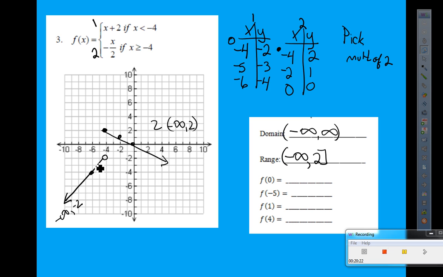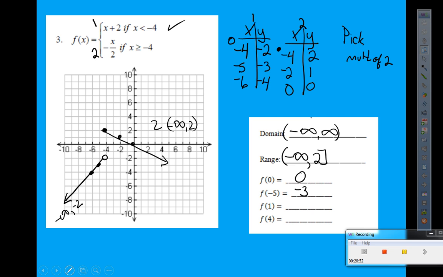You can say, but Mr. Harris, we didn't talk about this one. True, because this line covers this line. When I find f of 0, 0 is greater than negative 4, so 0 divided by 2 is 0. When I plug in negative 5, it is less than negative 4, so I'm going to use this one. Negative 5 plus 2 is negative 3.